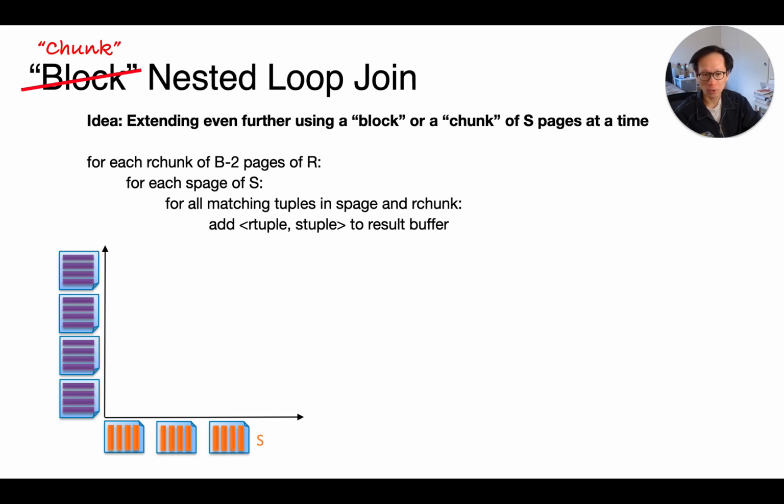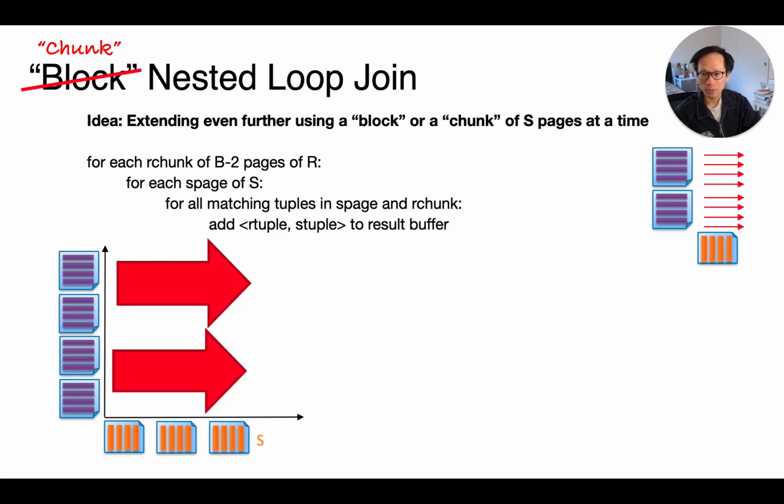In this example, our chunk is of size 2 pages as indicated by this big fat red arrow. So it's pretty small. Then for each page of S, we form the pairs in memory and check the predicates to see if they match.